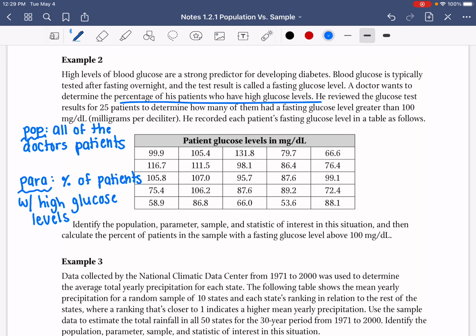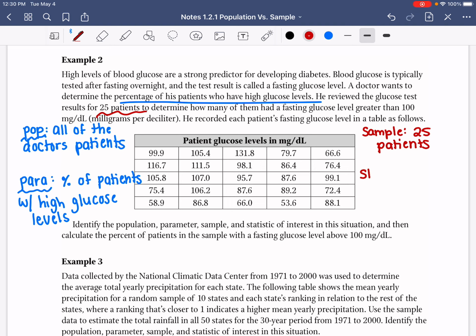All right, so then since we can't get all of the doctor's patients, he can't collect data on all of his patients, right? We don't know how many patients he has, but I'm sure it's hundreds. So he's going to just get 25 patients, okay? 25 patients, that's his sample. And he's going to go ahead and find his percent of that sample that has high glucose levels.